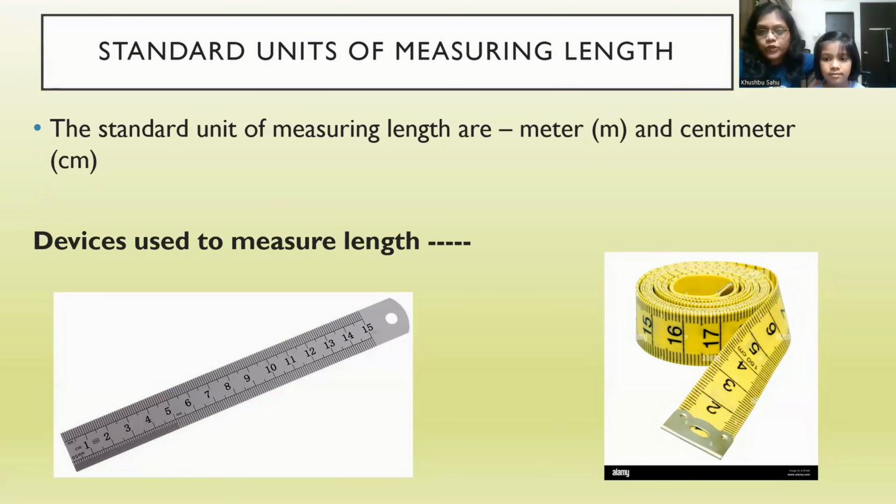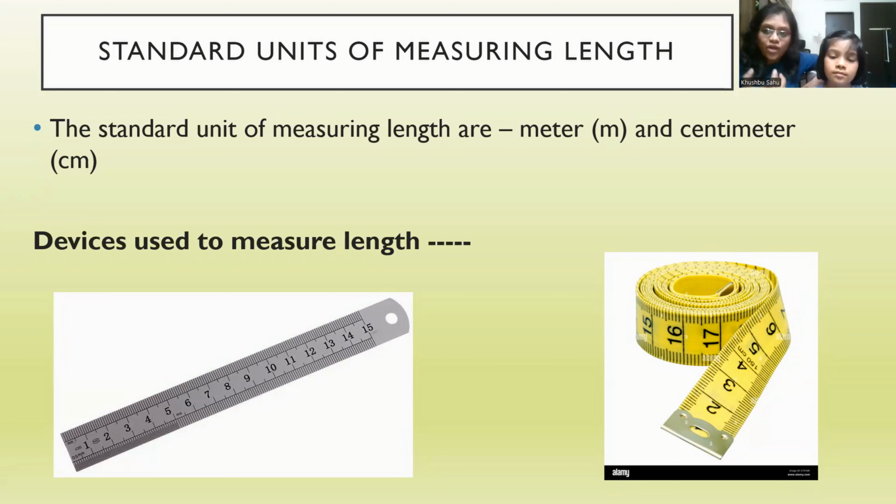Now the standard unit. Standard means, kids, it has a fixed value which is acceptable by everyone. Suppose it is acceptable in India, and if you move to any other country, then it is acceptable there also. That is the standard unit of measurement, right? So for length, the standard units are meter and centimeter.